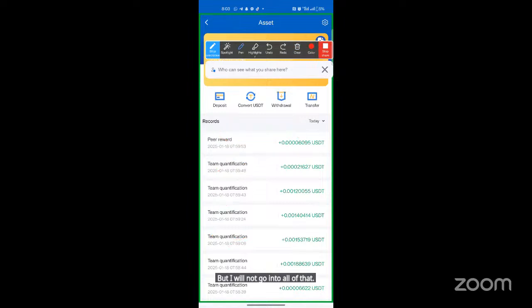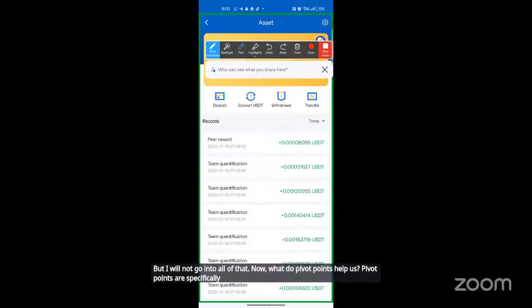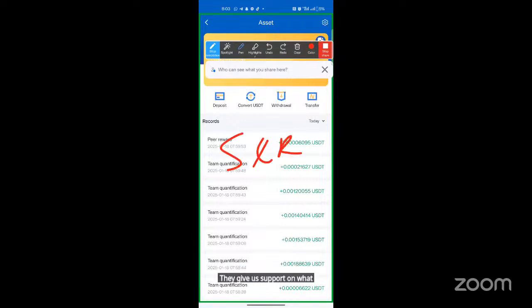Now, how do pivot points help us? Pivot points are specifically popular for day trading. They are for people who want to enter a coin today and exit the coin today. They give us support and resistance.